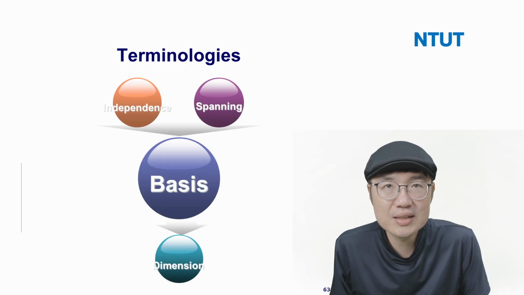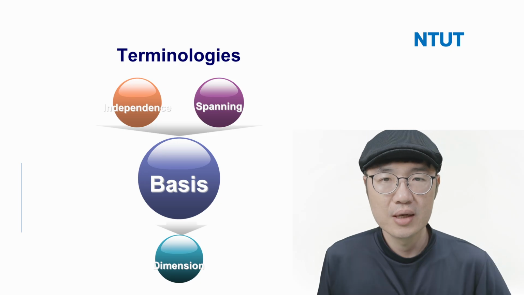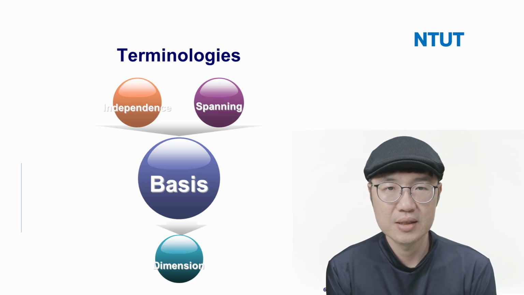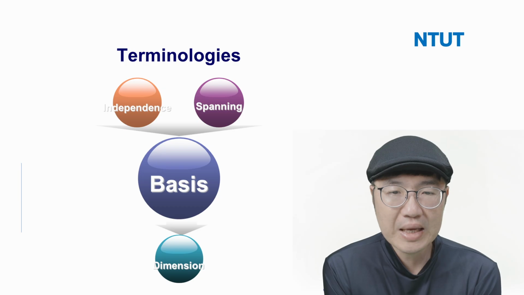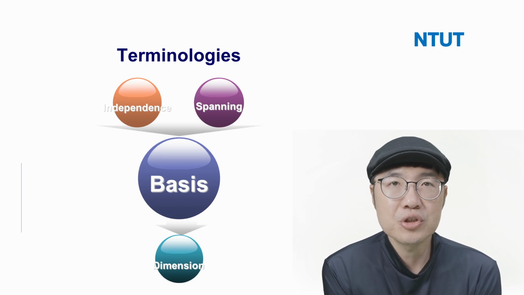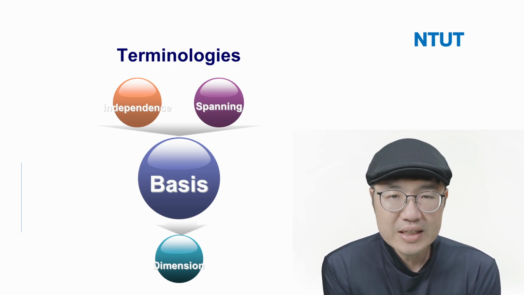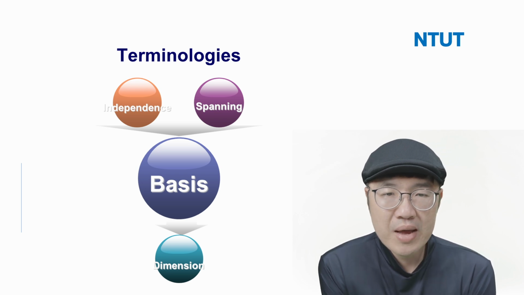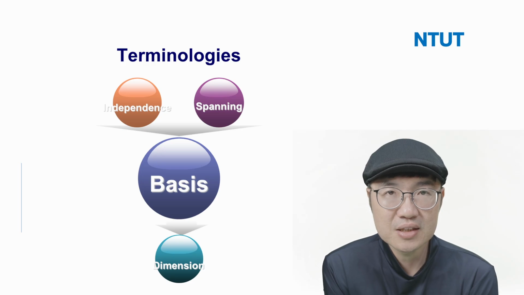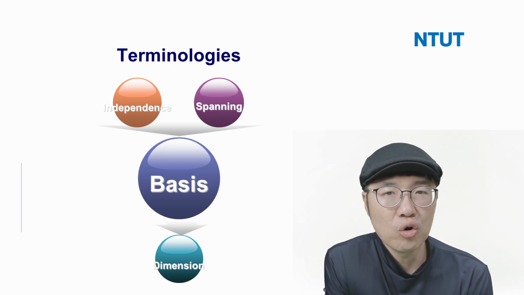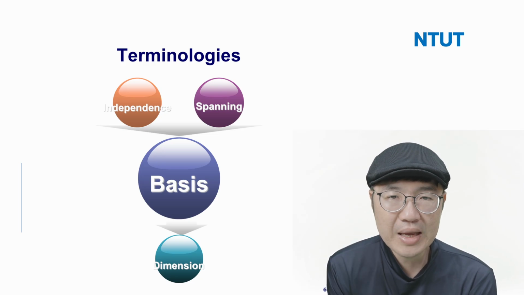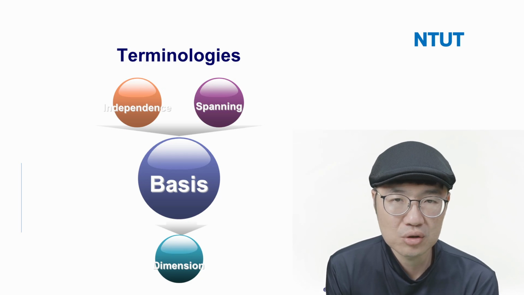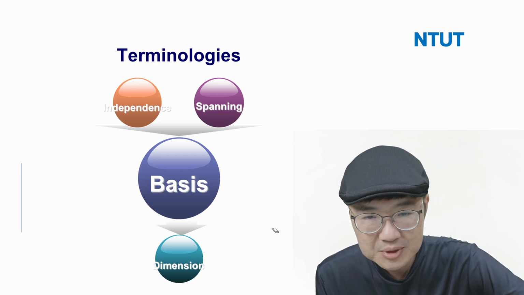This requires some terminology: independence, spanning, basis, and dimension. This illustration already shows the logic. Basis is placed at the center. It governs all the concepts, and basis leads to the so-called dimension for a subspace.